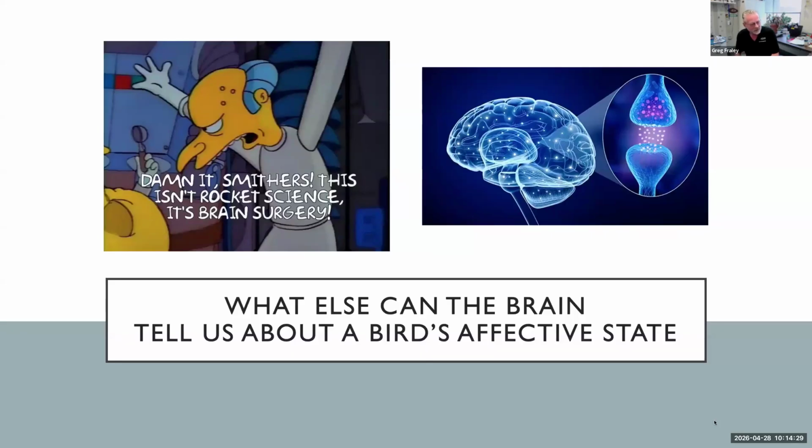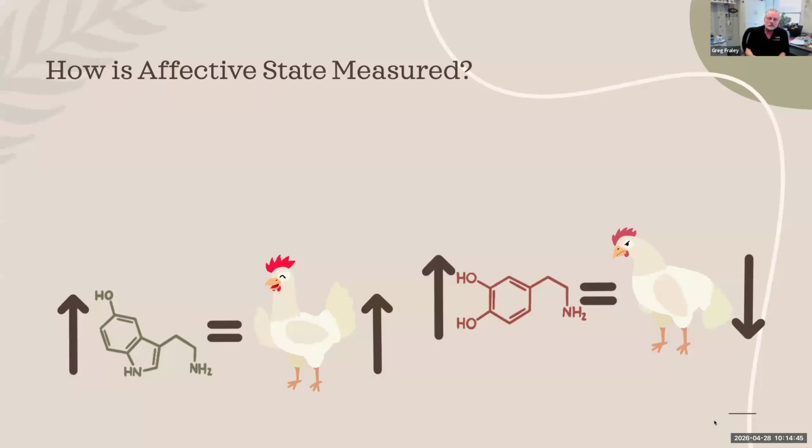All right, so what else can the brain tell us? Anna just gave an excellent seminar talking about neurotransmitters, which is what I'm going to talk about for the next few minutes as well, in birds. We talk a lot in animal science about affective states and some ways of measuring them.